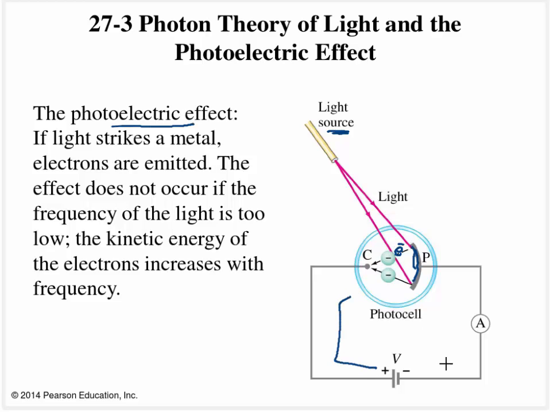We put this across a voltage, then these electrons are going to approach our point C. Turns out that if the frequency of the light is too low, then we're not going to see any electrons. And as we increased the frequency of the light, so also did the kinetic energy of the electrons that popped off. So increase the frequency, increase the energy. Decrease the frequency, lower the energy, or perhaps none at all.